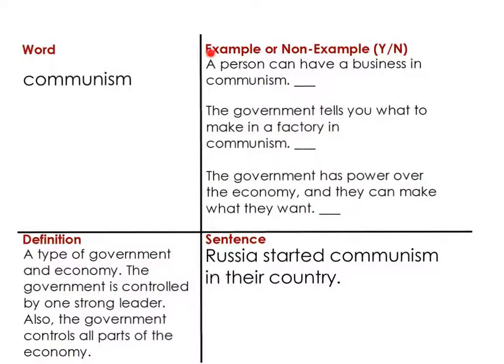Let's take a look at example or non-example. You decide yes or no. A person can have a business in communism. Is it yes or no? Example or non-example? The next sentence. The government tells you what to make in a factory in communism.